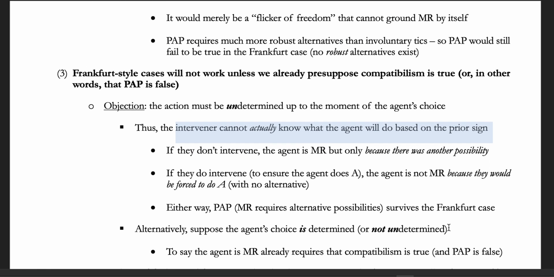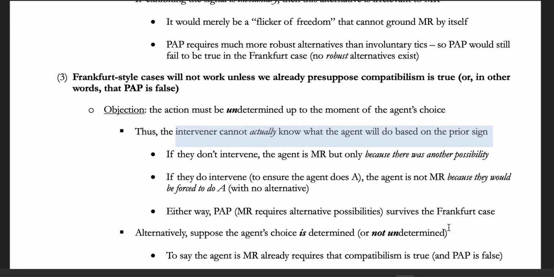He can't really know that. That signal cannot really tell him what's going to happen. Maybe he'll have evidence that it's likely to happen. But if it's really undetermined, he can't actually know that the signal means he's going to vote Republican.